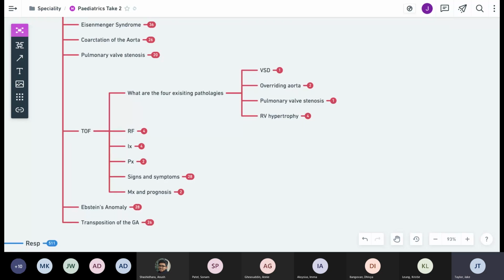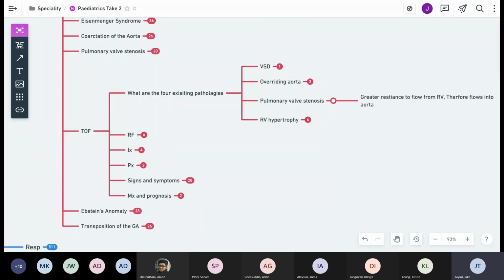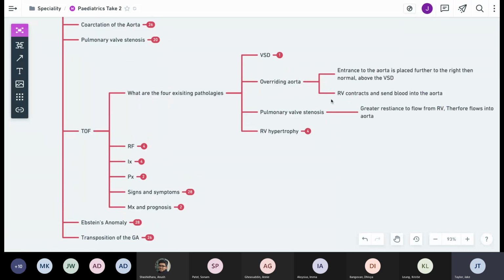Maybe that's what you meant by right ventricular obstruction, but pretty much it's the pulmonary valve stenosis. If you think about it this way, you have an aorta which is above the VSD and closer to the right side than the left side. When blood is being pumped by the right ventricle, it's going to follow the direction of the least amount of pressure.